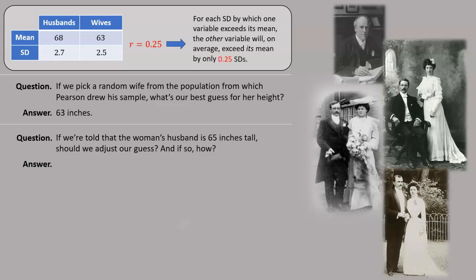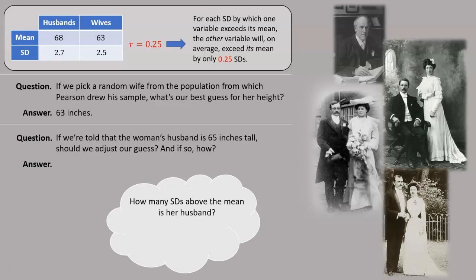This, of course, prompts us to think, okay, how many standard deviations above the mean is her husband? Well, he's 65 inches tall. Subtracting off the mean husband height of 68 inches and dividing by 2.7, which is the standard deviation among all husbands, we obtain negative 1.11-ish. In other words, her husband is 1.11 standard deviations below his group's mean.